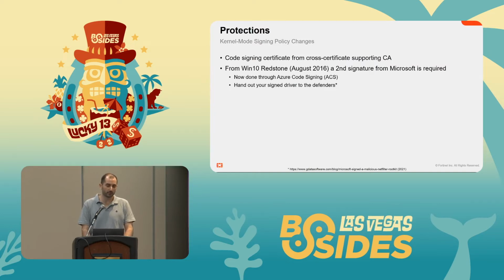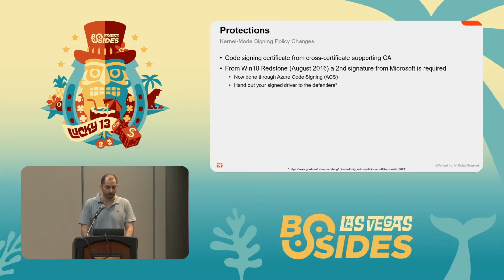And then from Windows 10, they did a bit of a radical change here, and they force you to provide your driver to them in order for Microsoft to sign your driver themselves. So it's not only that you signed it, but they have to sign it as well. And if you are an attacker, you don't really want to hand out your payload to the defender. It's not exactly something that you're aiming for. Usually you try to do the exact opposite of it.